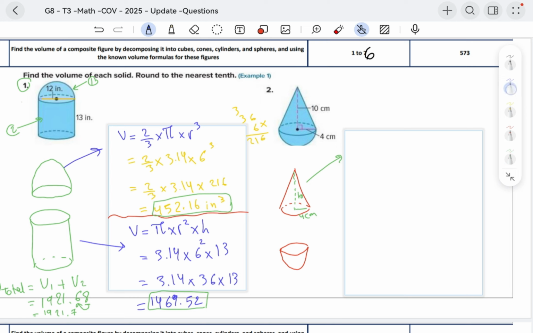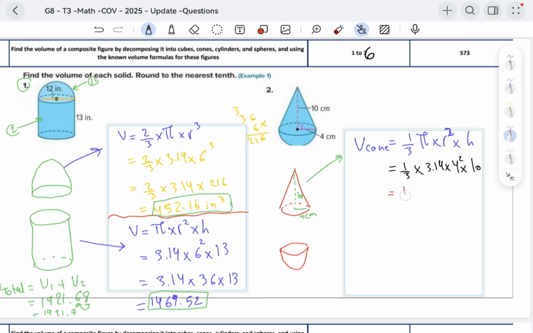Okay, the volume for the cone is 1/3 pi times the radius squared times its height. Now we're gonna substitute 1/3 times 3.14 times the radius, which is 4 squared, and the height is 10.